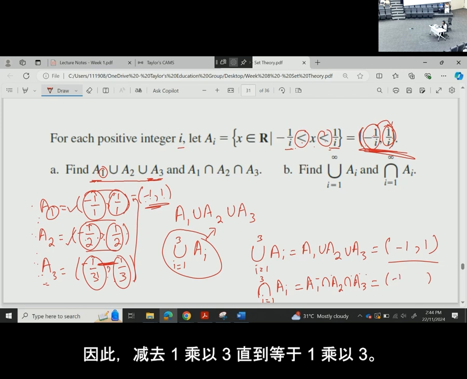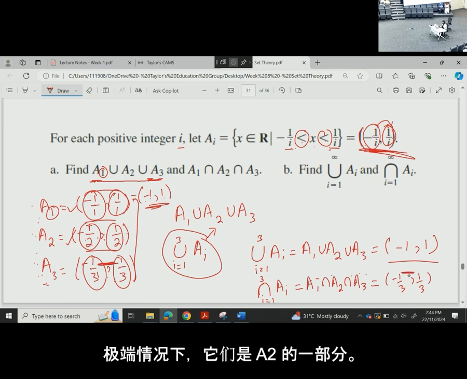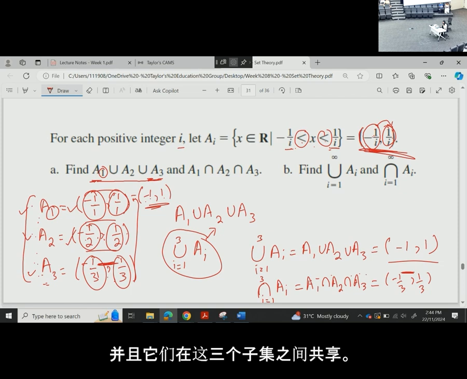So minus 1 by 3 up to 1 by 3. All the elements between these 2 extremes are part of A2, and also part of A1, and they are shared among these 3 subsets. So you will include only that one. Is it clear?